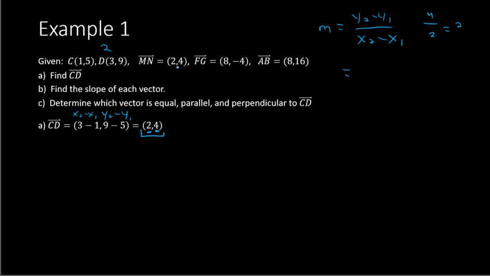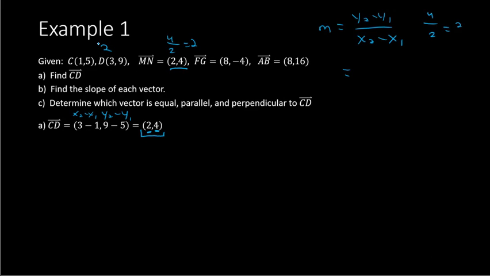Then for the slope of MN, remember the 2 and the 4 are x2 minus x1 and y2 minus y1. We already have the numerator and denominator. The numerator is the 4, your change in y, so the slope of MN is 4 divided by 2, which is 2.